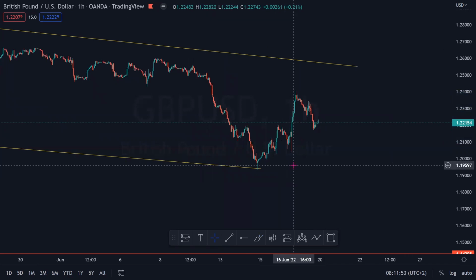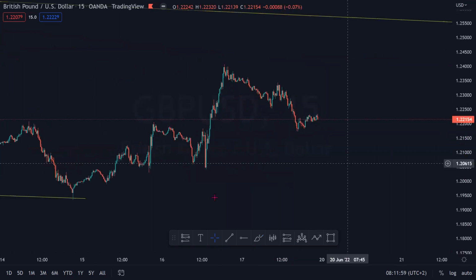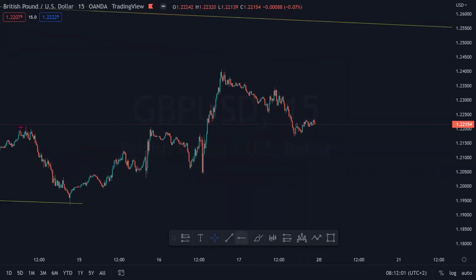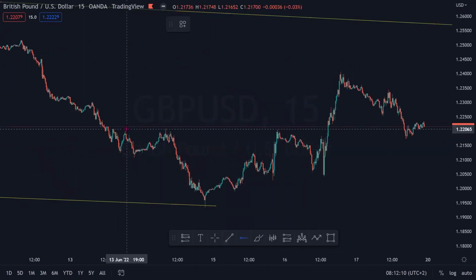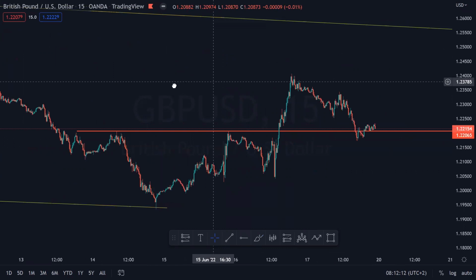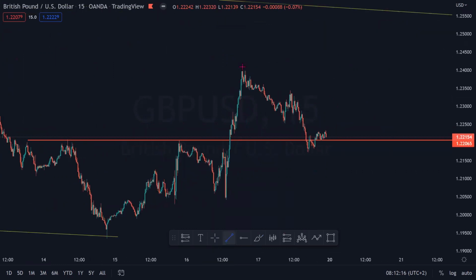When you go to 15 minutes, we know we're going to find a structure. So now this is our neckline, and let's see what we find.